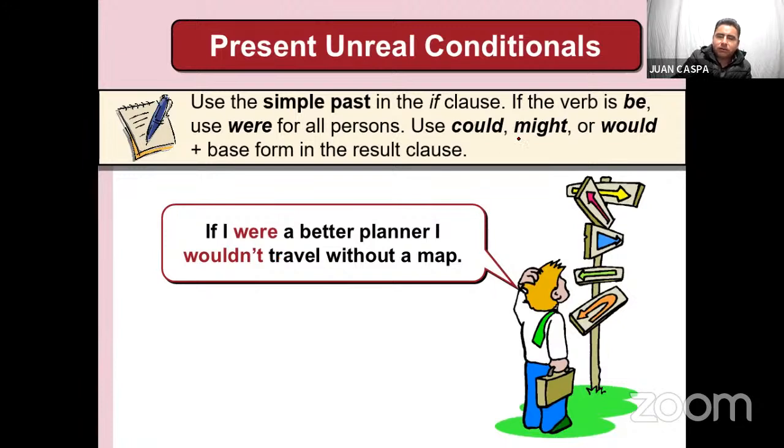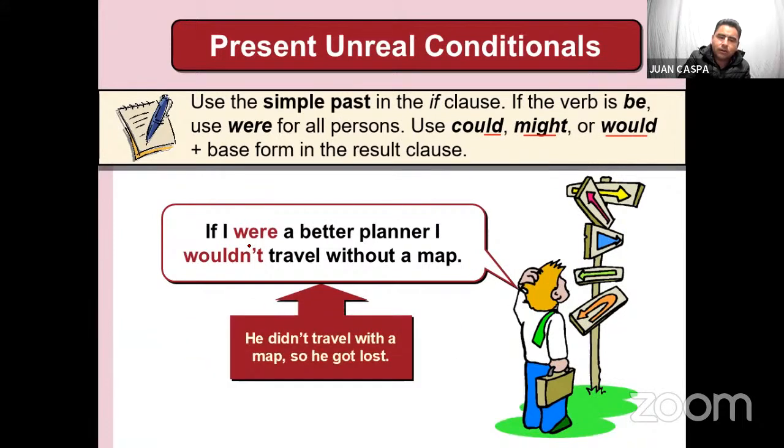And then we are using would, right? It is possible to use might and could as well. But the thing is that in the if clause, especially when we use the verb be, we use were. No, sorry, were, all the time were. It doesn't matter if she were, if I were, okay, that's how we use it. He didn't travel with a map, so he got lost.